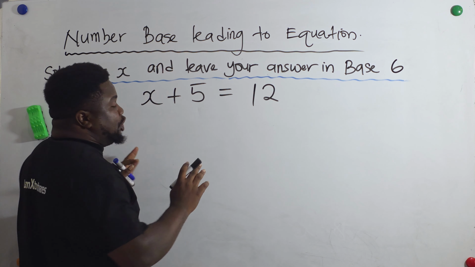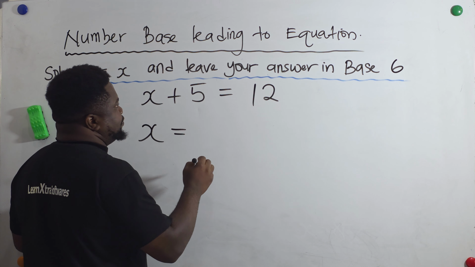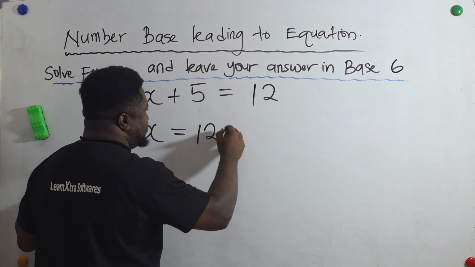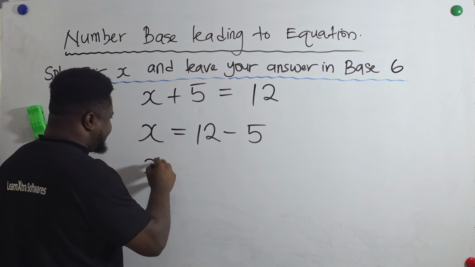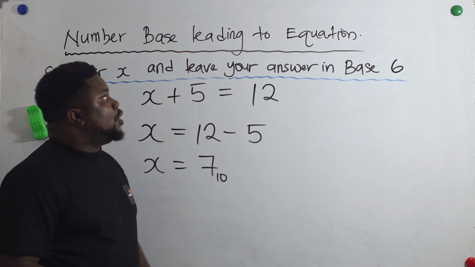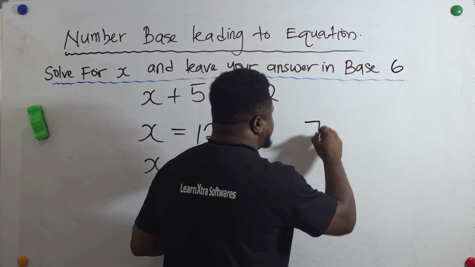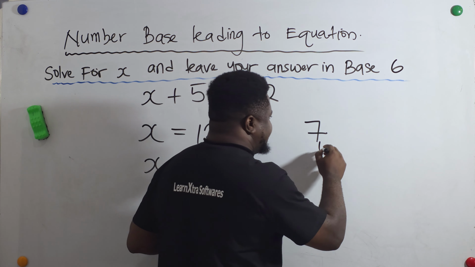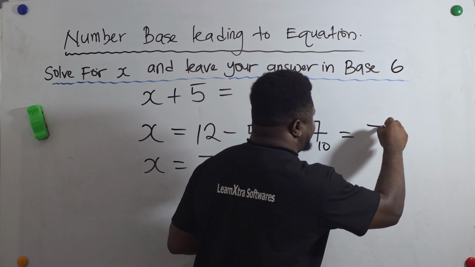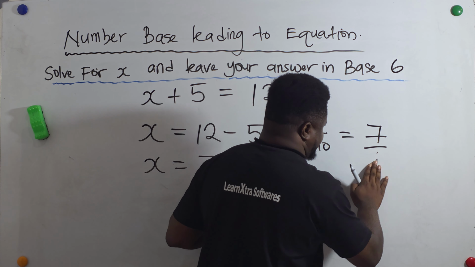Solving this in base 10, normal base 10 solving, that will be x is equal to plus 5 going over, that will be 12 minus 5. So x is equal to 7 in base 10. Yes. But we're asking for answer in base 6. So what do? We have to convert 7 to be in base 6. And how do we do that? We'll divide 7 by 6, sorry.